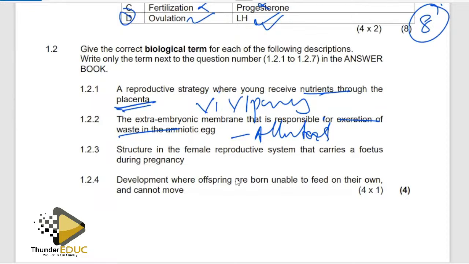But remember, the endometrium is part of the uterus, and the uterine wall is also part of the uterus. The space between the sides of the endometrium is also part of the uterus, which we call the uterine cavity. So in actual sense, that structure we call the uterus. Some people call it a womb, but scientifically it is a uterus.